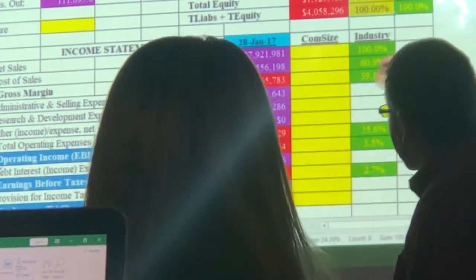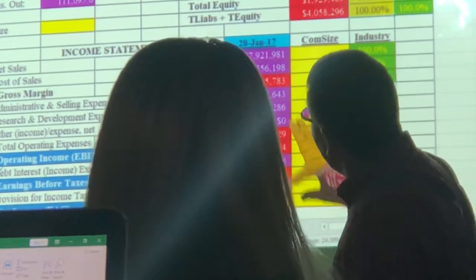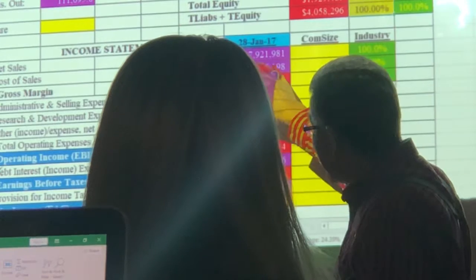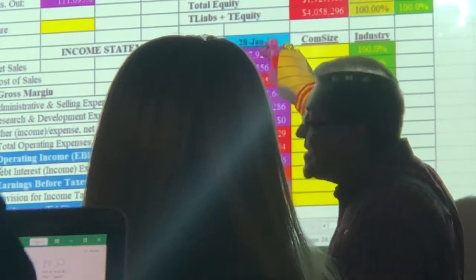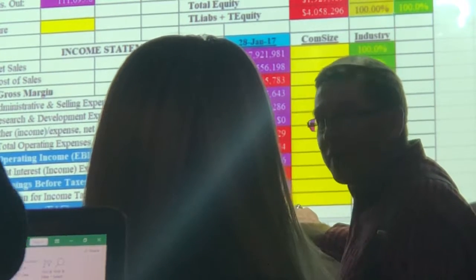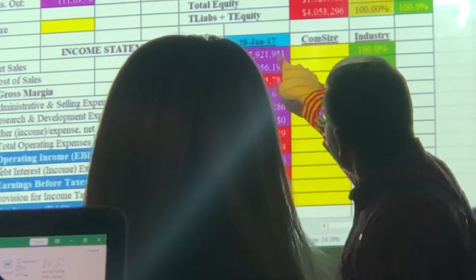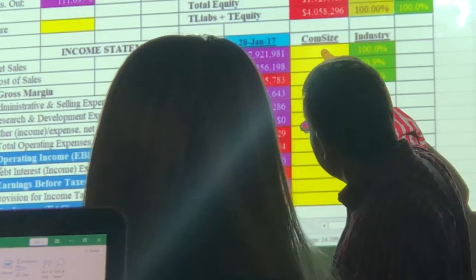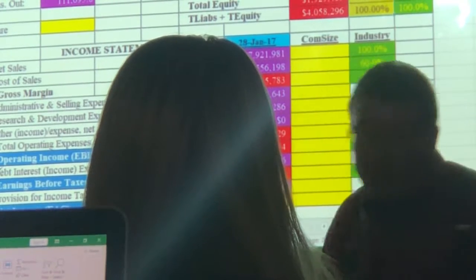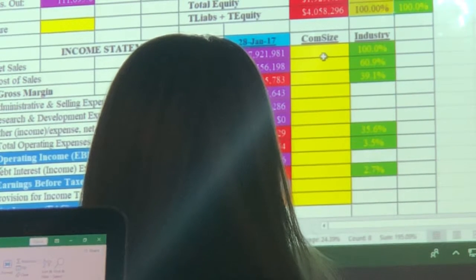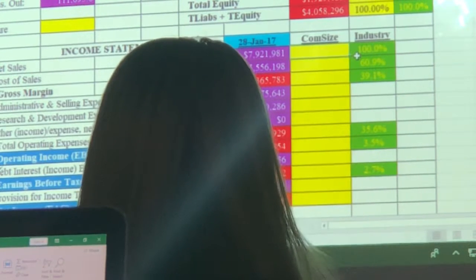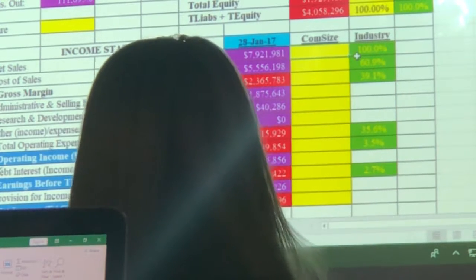Now, in this section, we're going to take each of these accounts and divide it by sales. So sales is going to be 100% of itself, and it's going to work its way down. See, that's why we saved. Okay, so again, I'm going to write this one on the board.